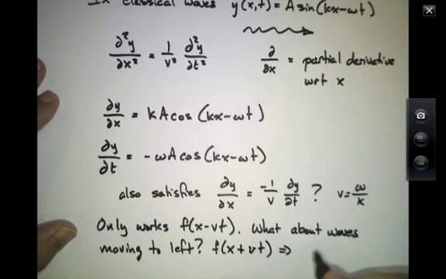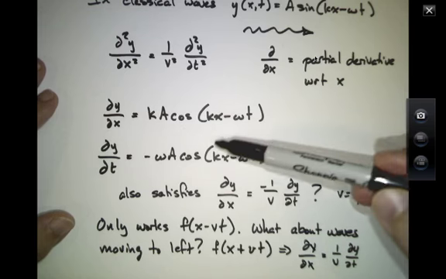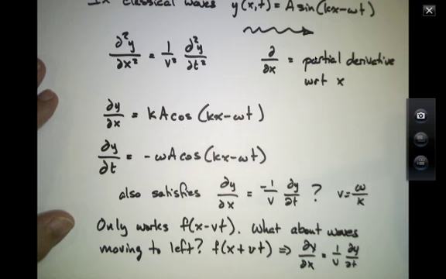It implies that we would need a wave equation that looks something like this. So this is why we resort to second derivatives, because the second derivative will always cancel out that minus sign right there, and so the wave equation works for both left and right traveling waves.